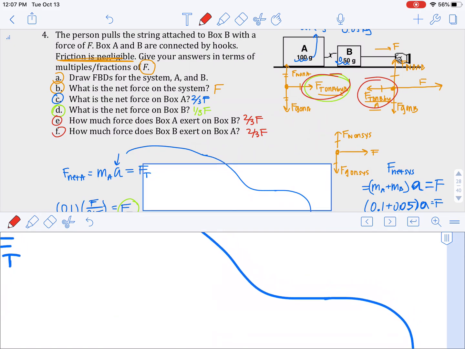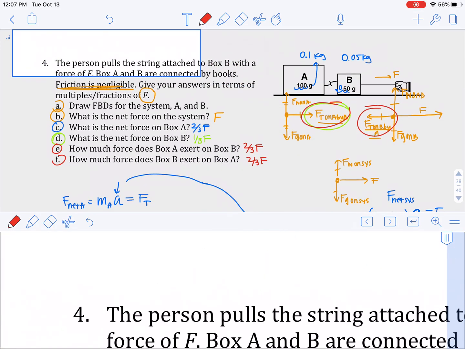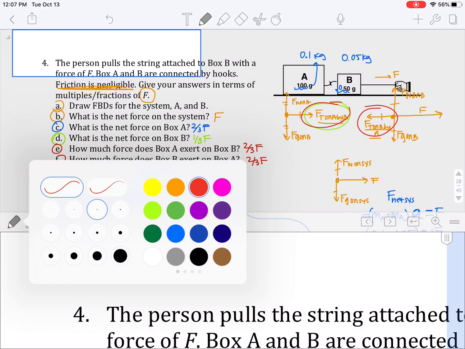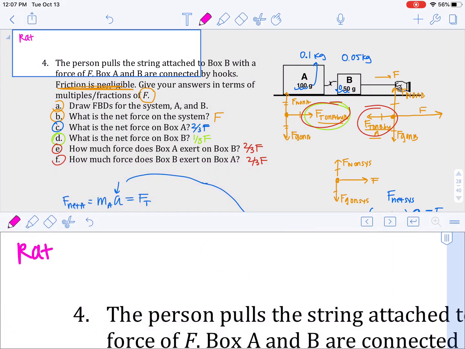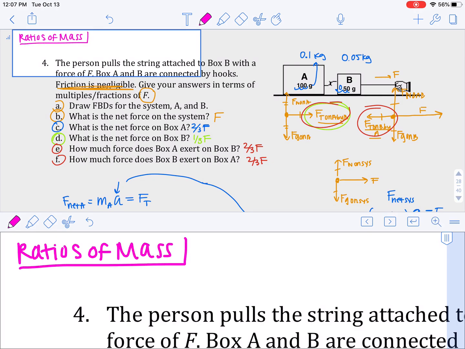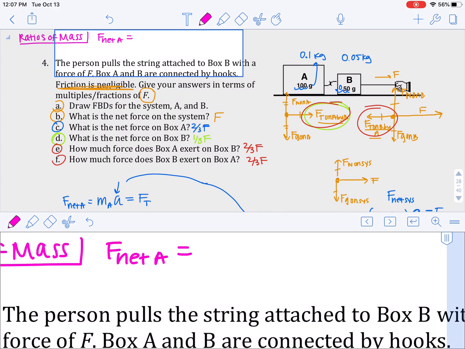So the net force on A, the F net on A will be basically the mass of A divided by the mass of the system times the net force on your system.